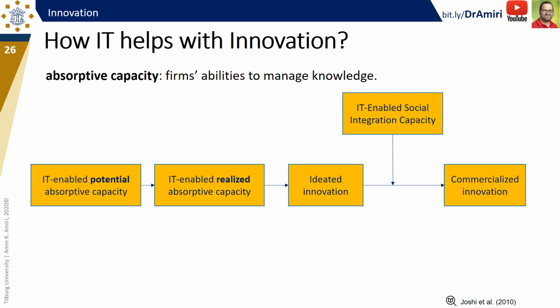The theory suggests two constructs for that, and both constructs use the notion of absorptive capacity, which is defined as a firm's ability to manage knowledge, to create knowledge and share knowledge and update knowledge. Those two constructs are IT enabled realized absorptive capacity and IT enabled potential absorptive capacity.